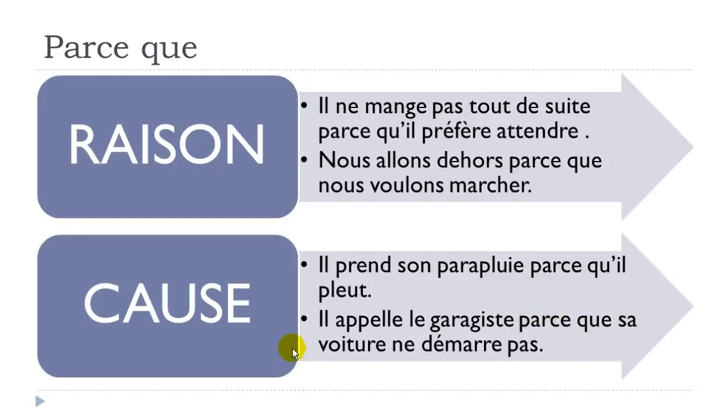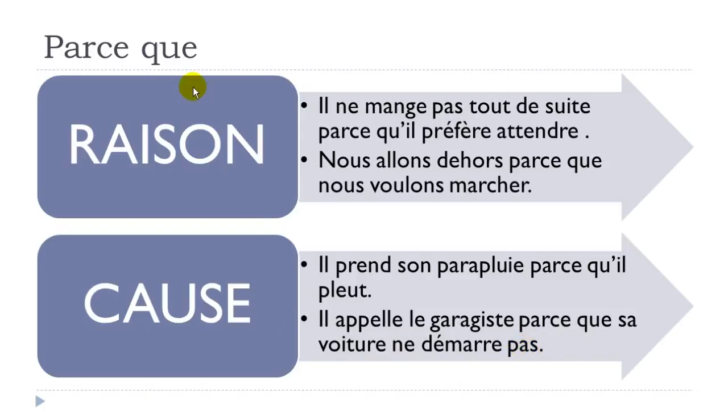Parce que sa voiture, voiture is car, sa voiture, possessive, his car, and then ne pas, so you get the negative form here, and démarrer is to start. Il appelle le garagiste parce que sa voiture ne démarre pas. So because his car doesn't start. Okay? Il appelle le garagiste parce que sa voiture ne démarre pas.